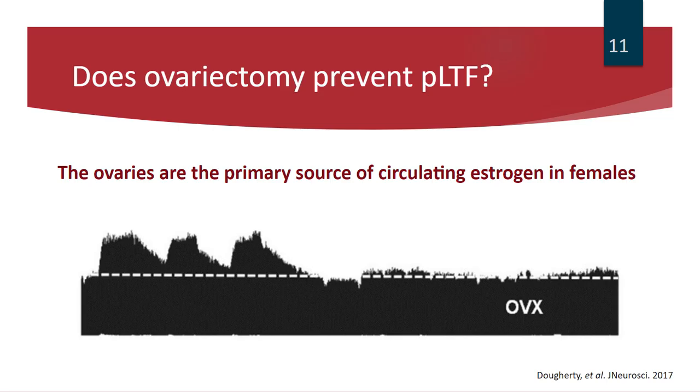So then we reasoned that if estrogen specifically was the hormone that was important to enable this form of neuroplasticity, then if we gave the estrogen back to the female rats after ovariectomy, then we should be able to rescue this form of neuroplasticity.